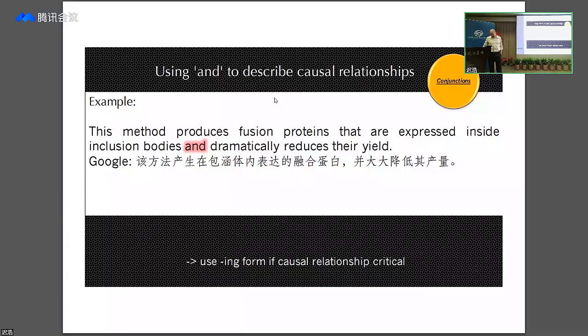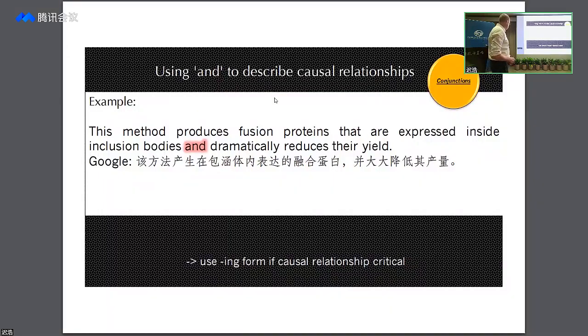Anyone? Try to reduce your use of "can". As a result. Okay, so Giovanna says, well, we start a new sentence. Yeah. Okay, that's certainly possible. Cherry: resulting in something. Yes, very good.